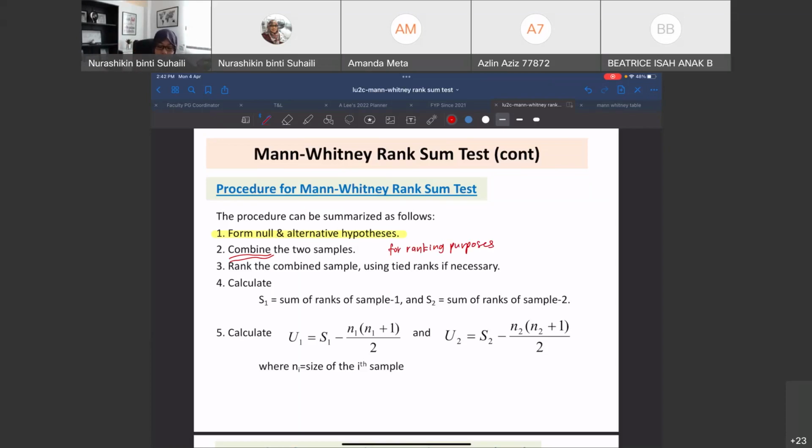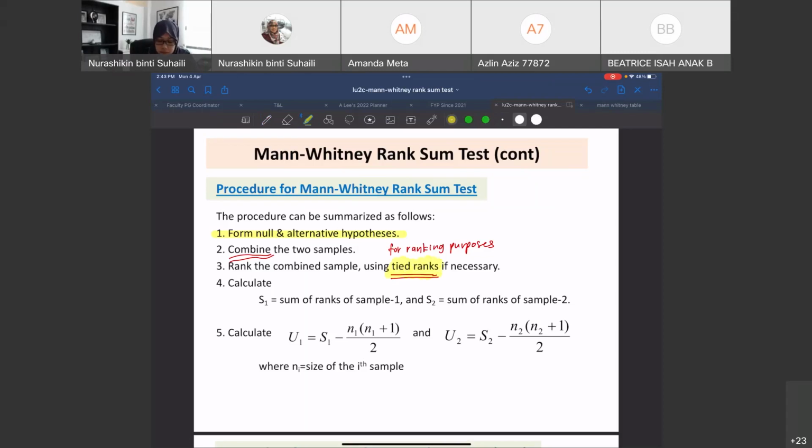I'll show an example after this. Then the third step is to rank the combined sample using tied ranks if necessary. If it is not needed, then you don't have to find tied ranks, but if it is necessary, you have to find them. I hope you still remember what tied ranks are.